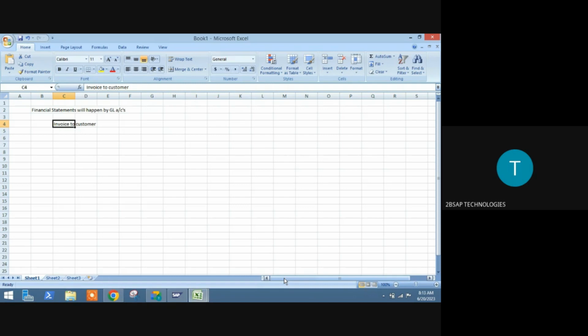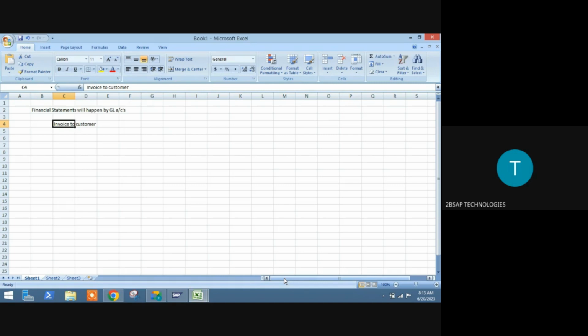How have you done it for your group accounting? For consolidation purposes, within the GL account you have mapped your group GL. So whenever you do a data entry against your operational GL, will the value move to your group GL or not? It's moved, right? Same way, for the customers you are going to map a GL account.